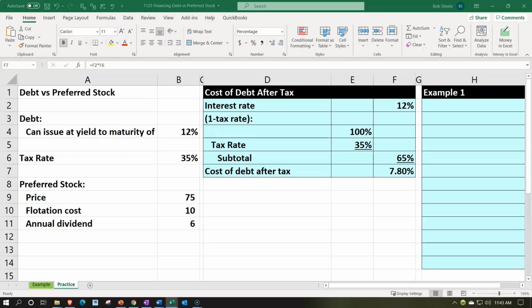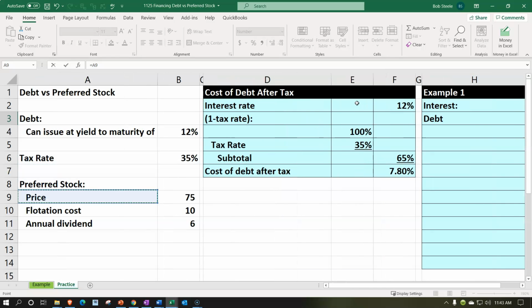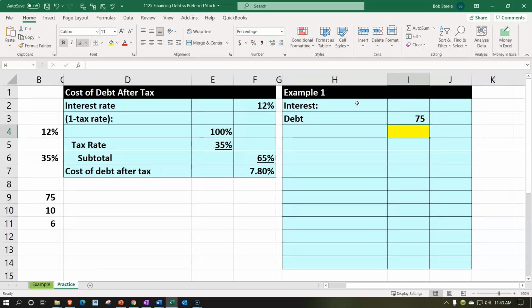Now we could think about this as basically plugging in a number to see what the impact would be. Let's say we calculate this out and say, interest, colon, and let's say that we have the debt, and let's just use the amount of the preferred stock price here for one preferred stock. So let's just use that for our comparison.